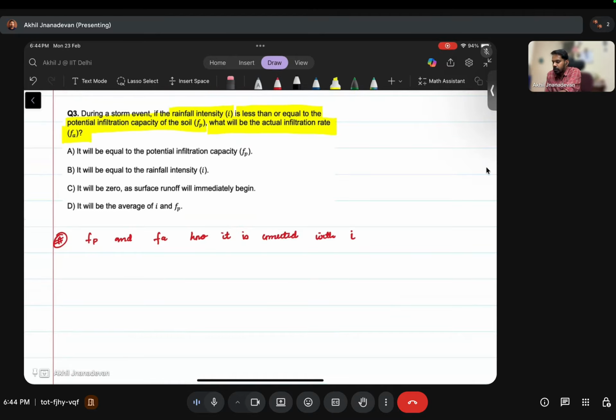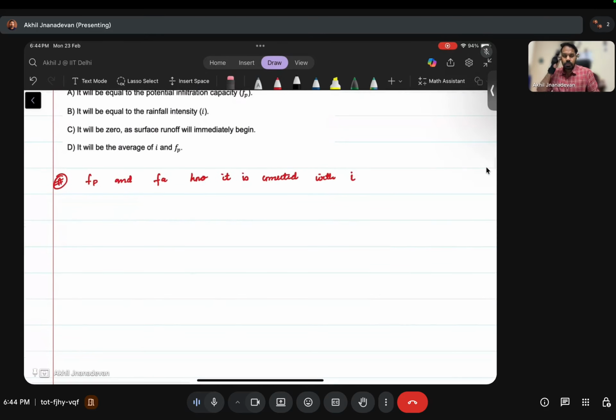From the terminology itself, it is clear. From the first part of the question, rainfall is happening, and the rainfall intensity is I. So rainfall is occurring at I rate, right?